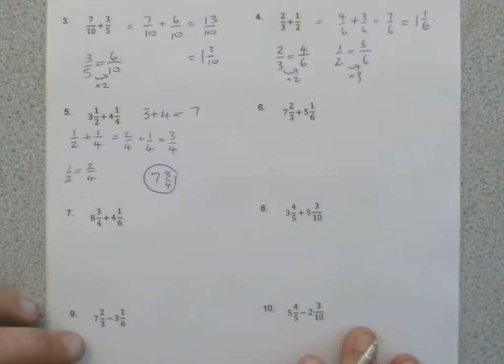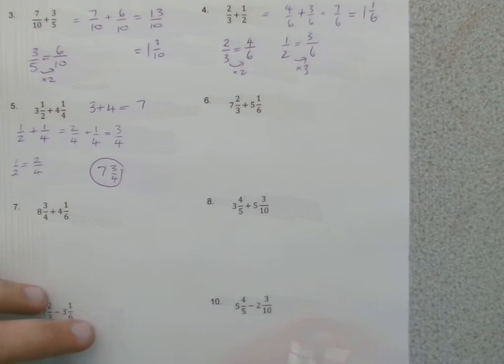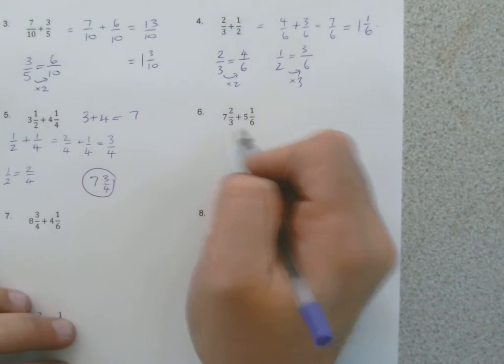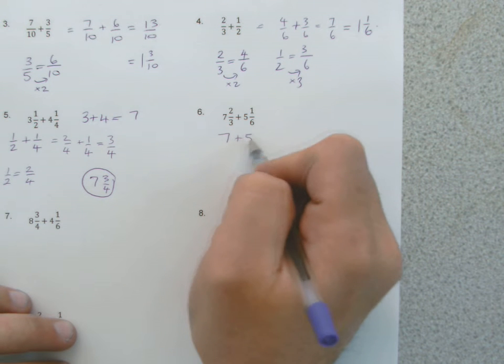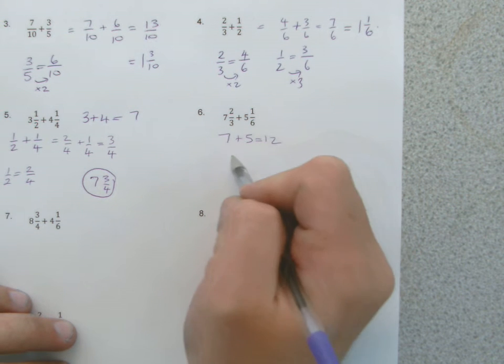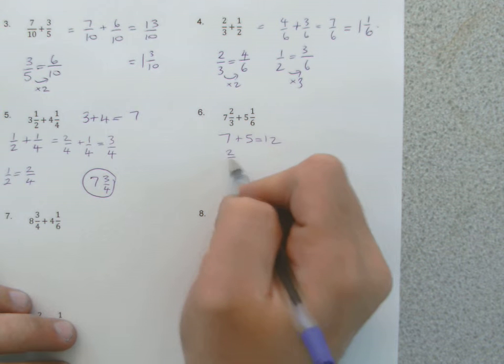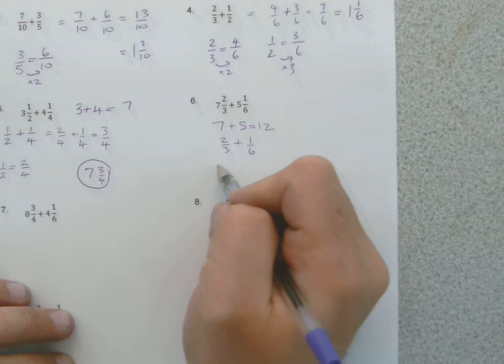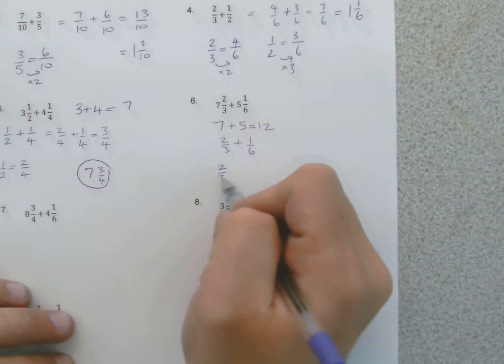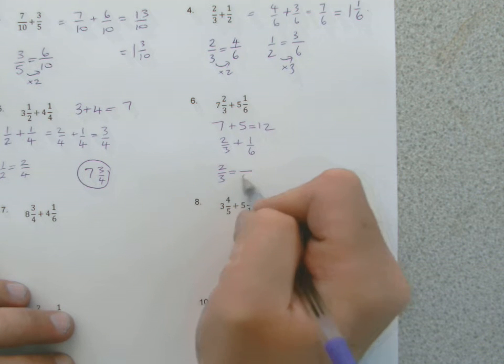Let's go on to number 6 here. So let's add these together, the whole parts. So 7 add 5 is 12. And again, we added the whole parts, let's add the fractions now. 2/3 plus 1/6. Let's change these. Now, of course, 2/3 changes, doesn't it? So it's out of 6.